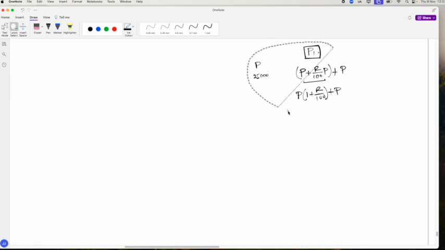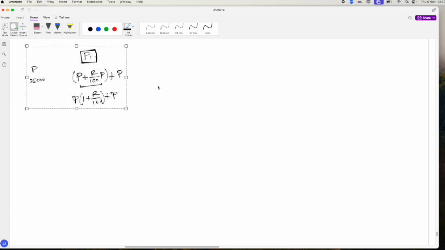Now we know that R is 3%. So let's see if we could get P2 now. P2 is going to be pretty much the same thing.